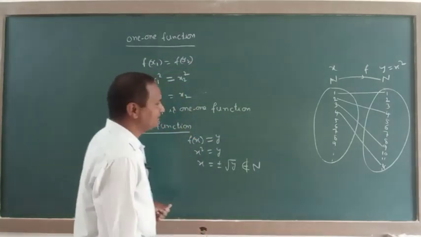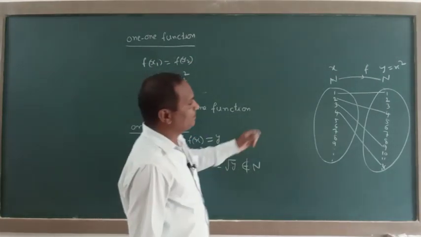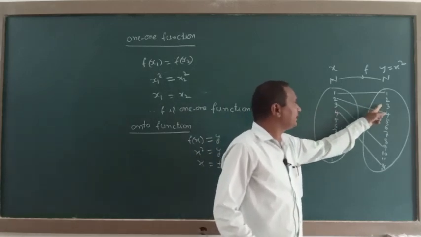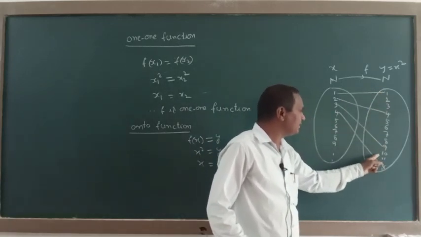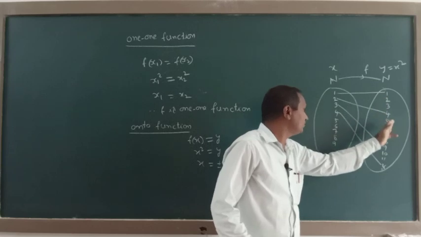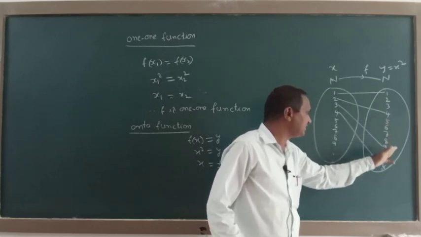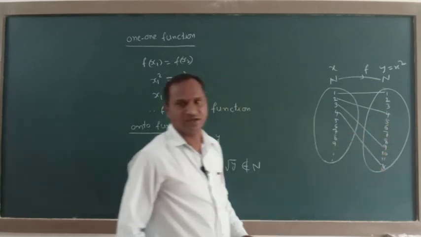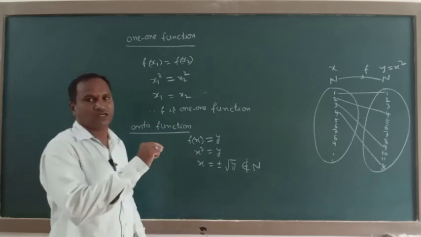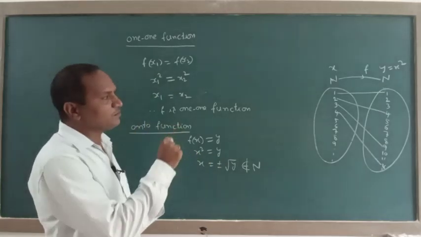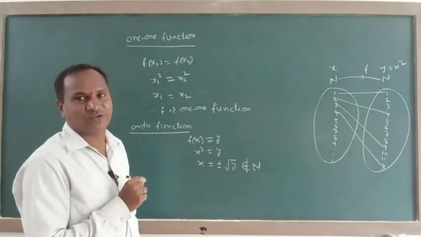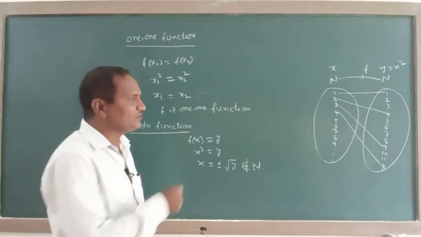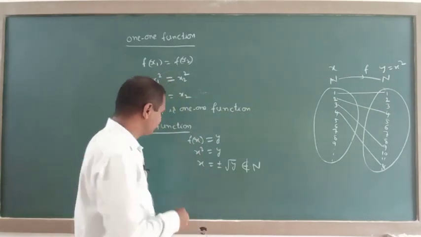Otherwise, consider here any element in codomain capital N that should not have a mapping from any element. Take 3 or 2, 5 or 6, 7, 8, 10, 11 as you wish. But mapping should not be formed by those elements. Which element you can select as you wish. My wish, I am taking 3 here.